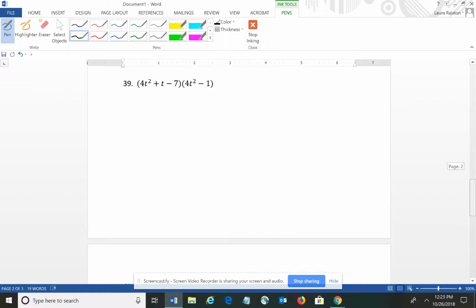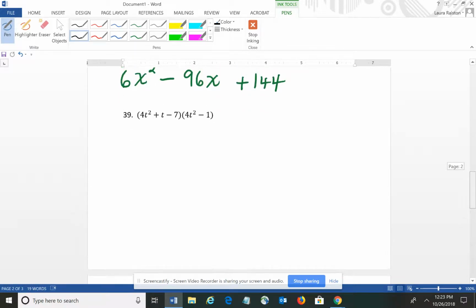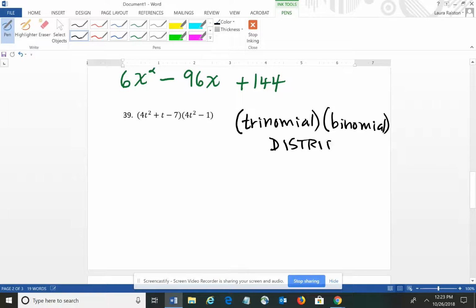Questions 39 as well as 41 are also multiplication problems, but in this case, we have a trinomial times a binomial. So we can't really use FOIL here. We actually do have to use the distributive property. And again, that means I'm going to multiply everything in the first parentheses times everything in the second parentheses.